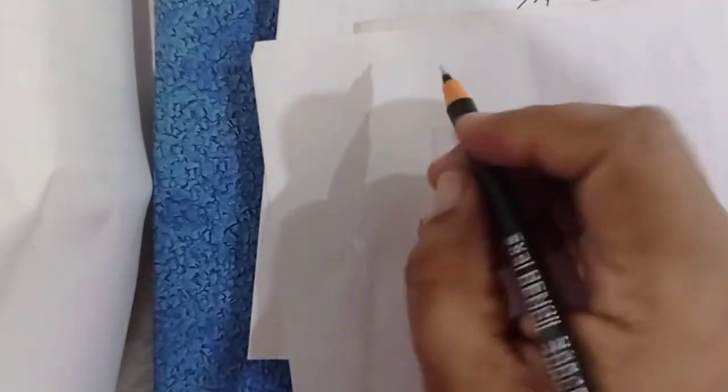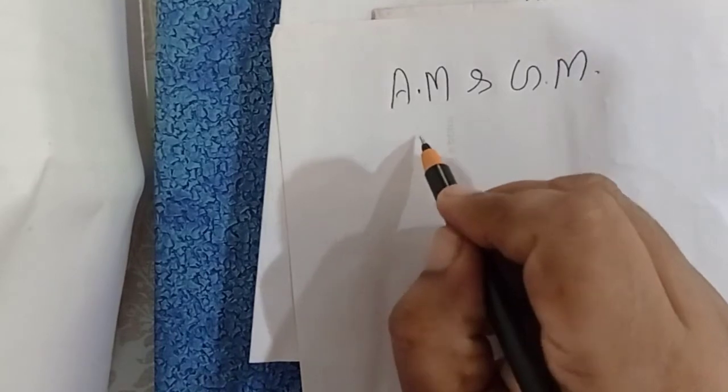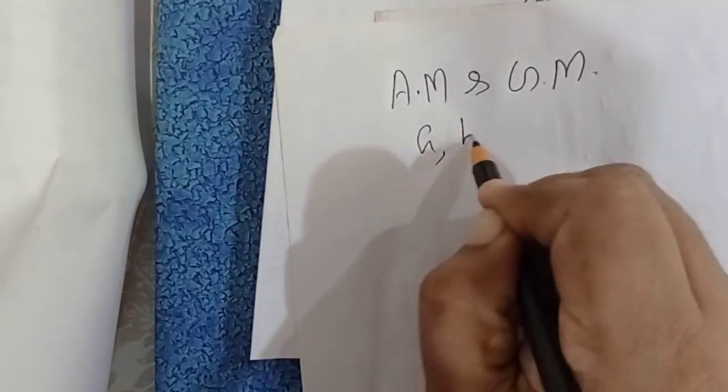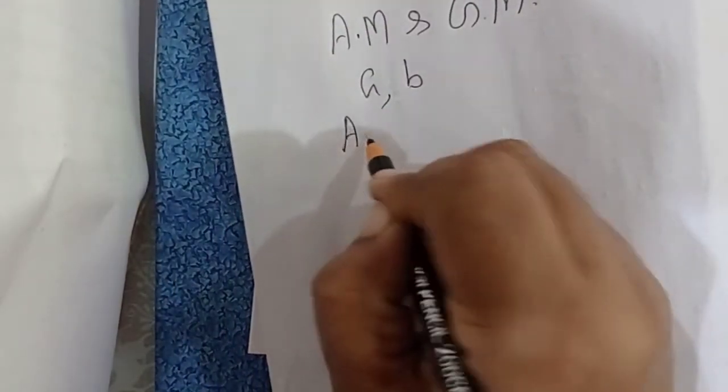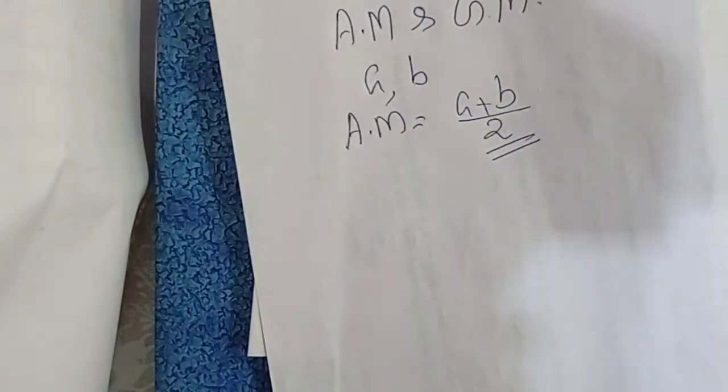Arithmetic mean and geometric mean, the relation between AM and GM. If two numbers are in AP, then the arithmetic mean is (A + B)/2.